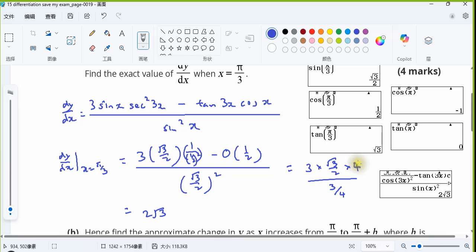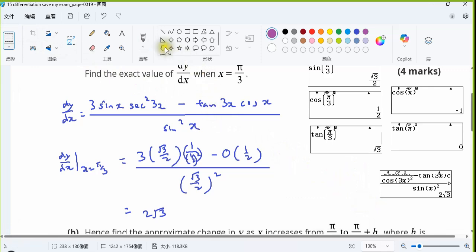No, this is 4. Half square will be 4. So 3 cancel. And then this will be 2. Never mind. We just use the value in the calculator.